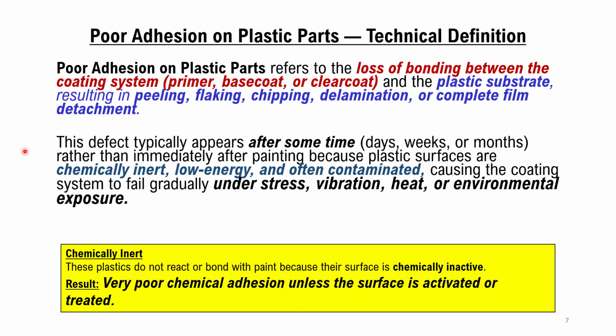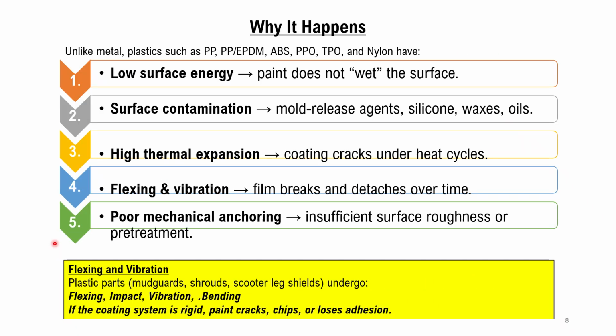The plastics do not react to bond with paint because their surface is chemically inactive. The result is very poor chemical adhesion unless the surface is activated or treated. Why does it happen?